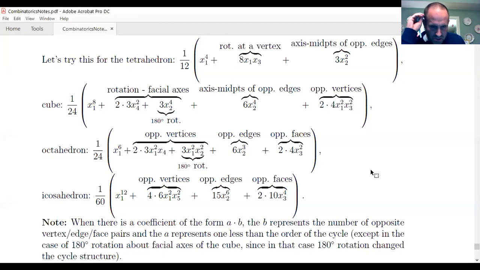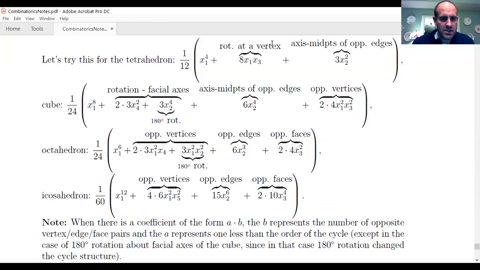The 3 x1 squared x2 squareds come from 180 degree rotation on opposite vertices. The situation on opposite edges, there were 6 of those, and there you had 3 2-cycles. And then the situation on opposite faces, the reason it's 2 times 4 is because you had not only the original 120 degree rotation, but also 240 degree rotation as well. Okay, so that's where the octahedron comes from.